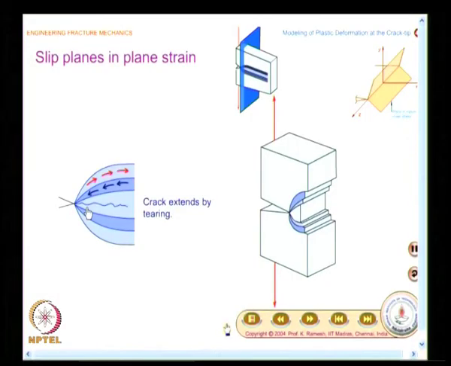It is like this, the planes are like this, and the crack extends by tearing. At least you make a neat sketch of this two dimensional representation. If you are in a position to extrapolate your skills in drawing, you could also sketch this as closely as possible. And the moment you go to plane stress, the situation is quite different.